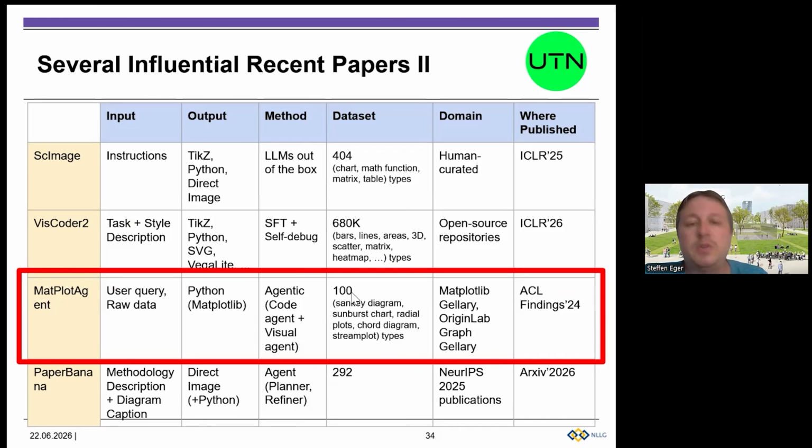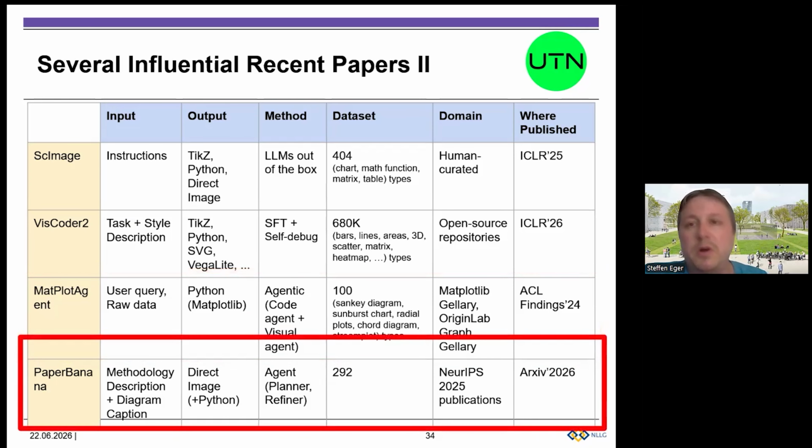As input, they have textual data, and they evaluate their model on a data set of just 100 instances. And this agentic modeling works well if you have high quality models to start with. So if you already have a very good model such as GPT-5 or GPT-4, then you can actually, in an agentic framework, make these models better. If you have very small models, as we typically have, we start with very small models, 3 billion, 8 billion, then this agentic model is less promising.